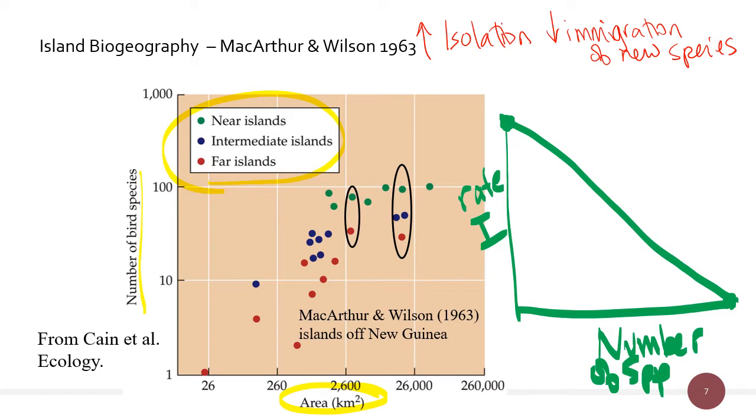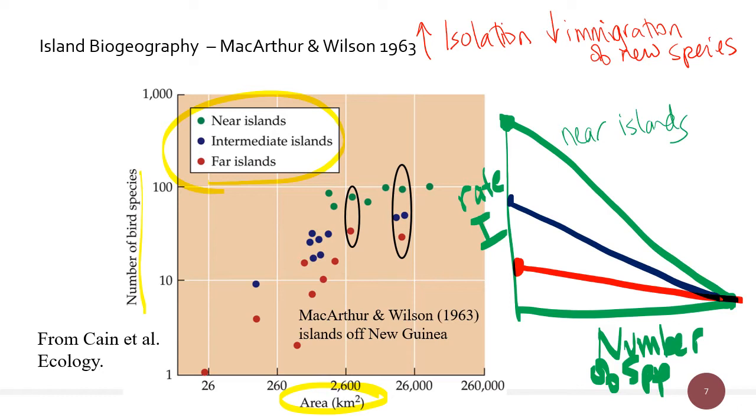The islands that are the red ones that are far away from sources of new species are going to have a much lower immigration rate. So they're going to see fewer species arriving every year. And then the intermediate islands that are in blue are going to be somewhere in the middle. So here, if we're looking at it in terms of isolation, the green line at the top, those are near islands.